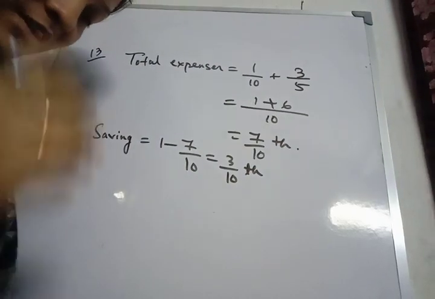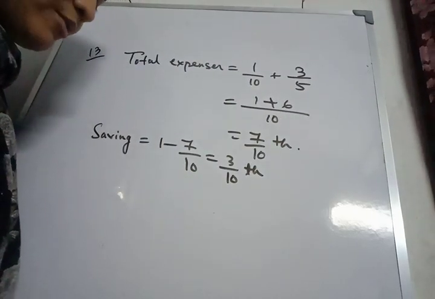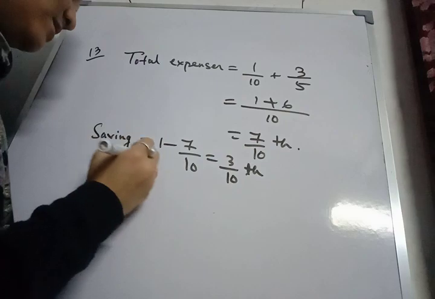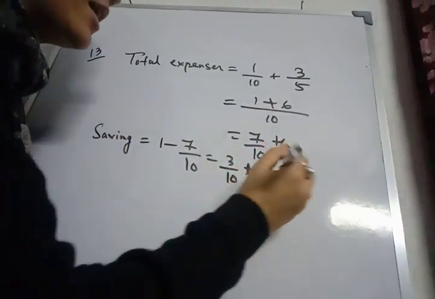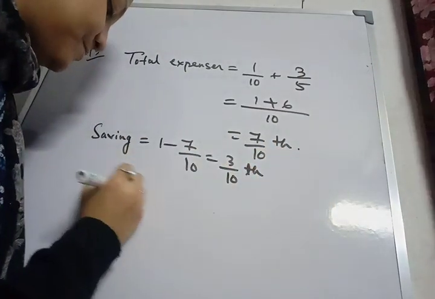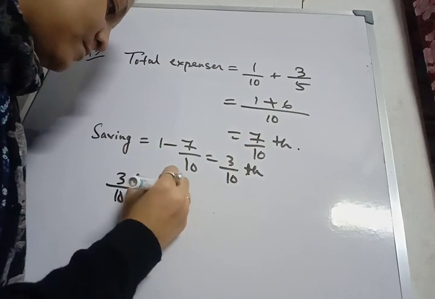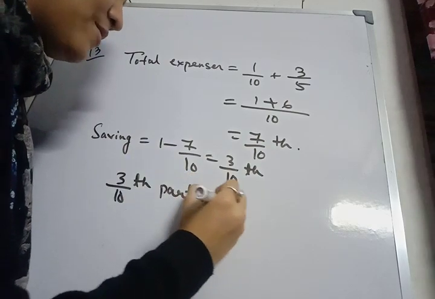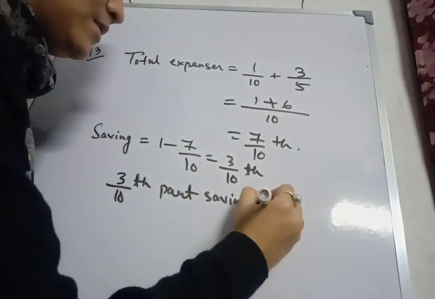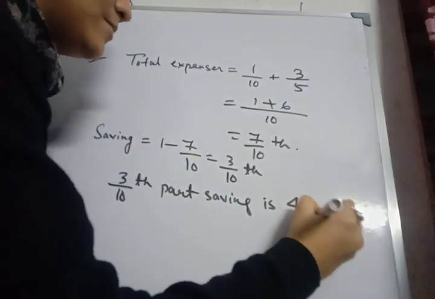We know his saving is given as 4,500. So, for 3/10th part, his saving is 4,500.